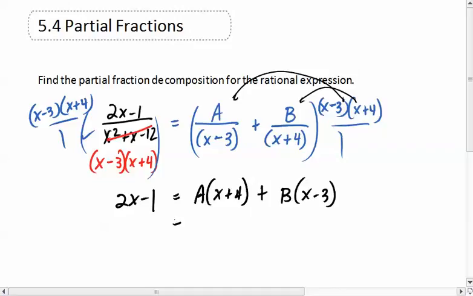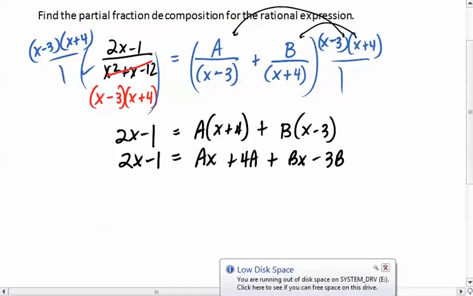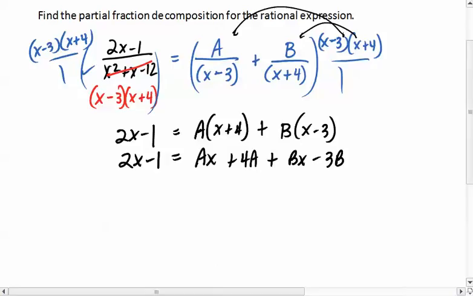So let's get rid of the parentheses. Ax plus 4a plus bx minus 3b, and that's equal to 2x minus 1. And let's get our like terms together. So ax plus bx plus 4a minus 3b, is that equal to this?